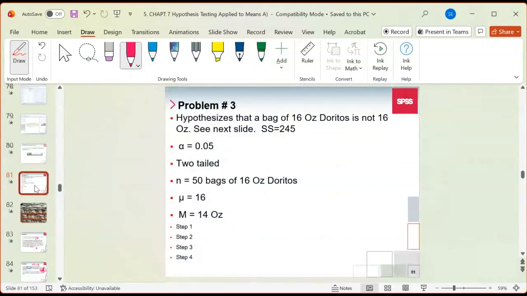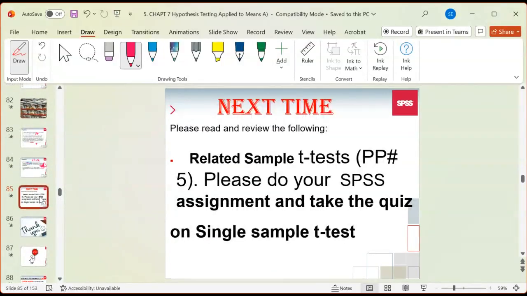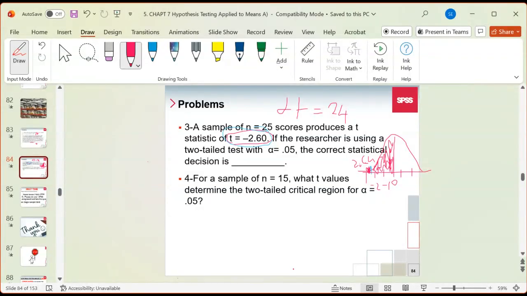It's 2.064, so let me fix this. It was 2.60, but it's 2.064.